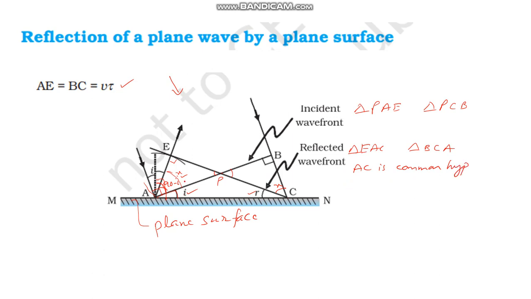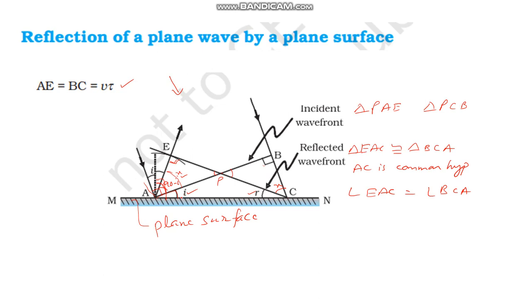Okay, so here this angle is 90 and this angle is 90. This is a common hypotenuse, and so this angle, angle EAC will be equal to angle BCA, because these two triangles are basically congruent triangles.